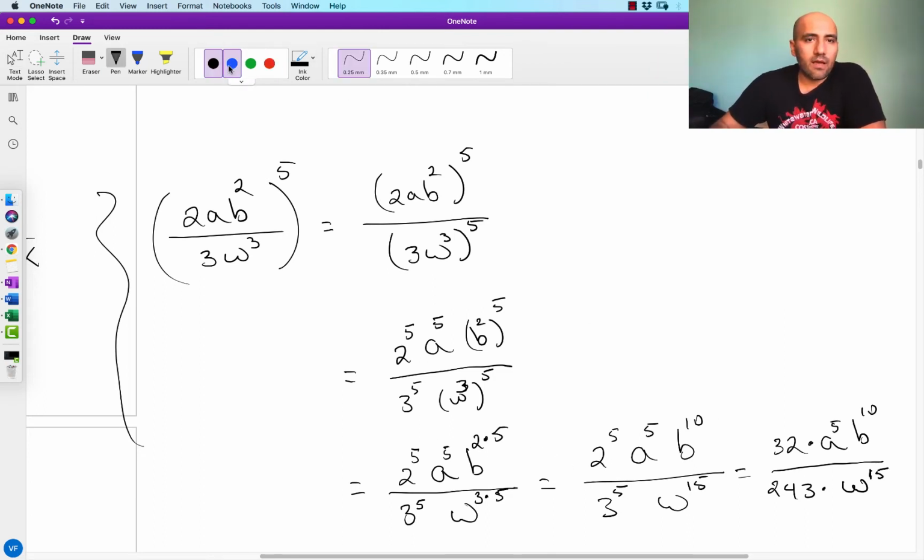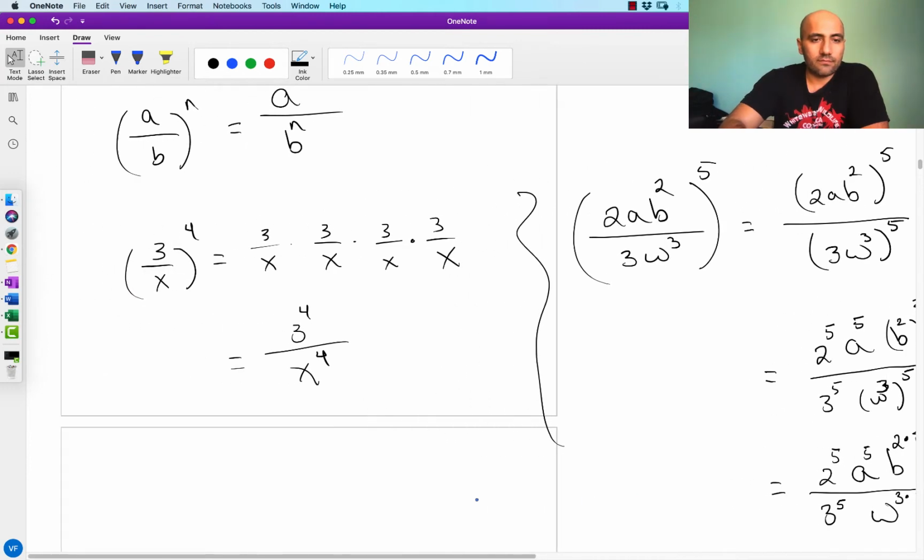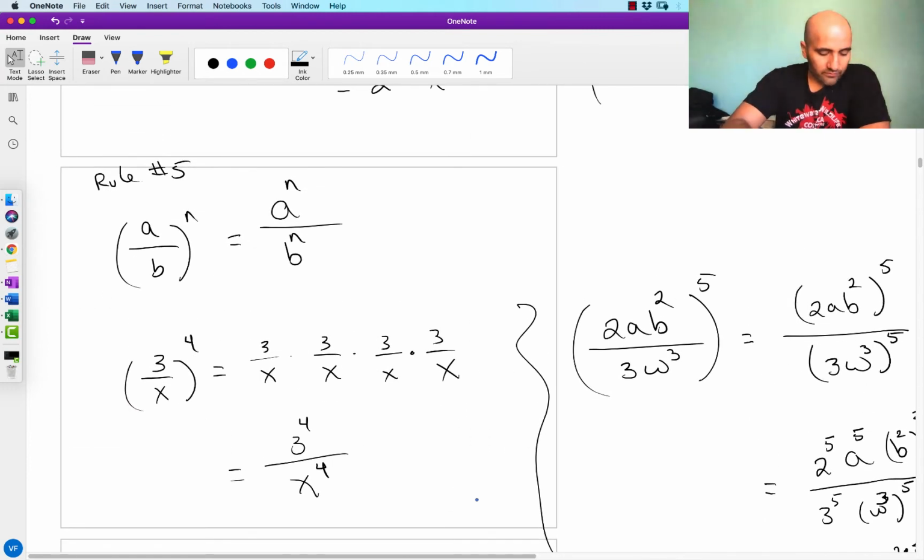Like I said, I would be happy with the exponential form, but the general guideline is that if you multiply it out and the answer is less than 1,000, they expect you to actually multiply it out. And if it's more than 1,000, then they would leave it alone like that. Okay, hopefully that's a good example. Let's move on. This was rule number 5.